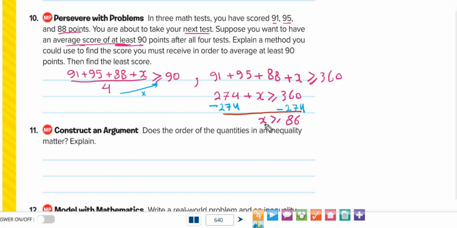So your score in the 4th exam should be greater than or equal to 86 in order to have an average of 90 or more.